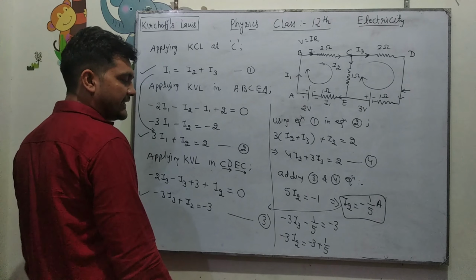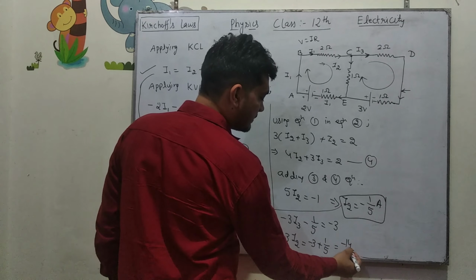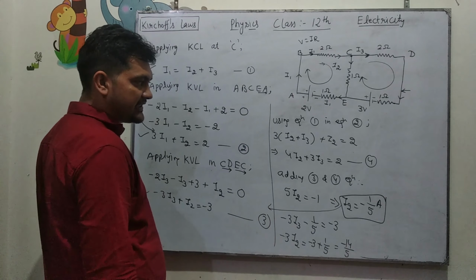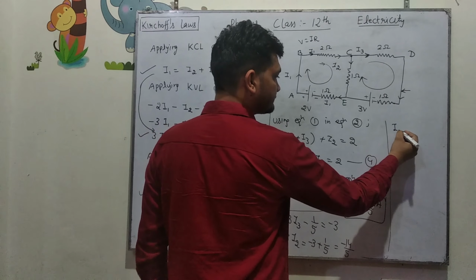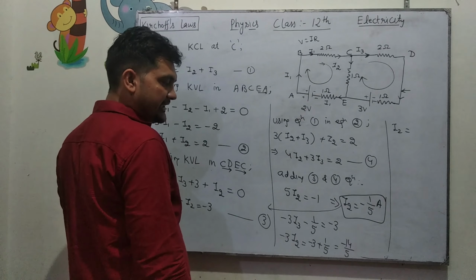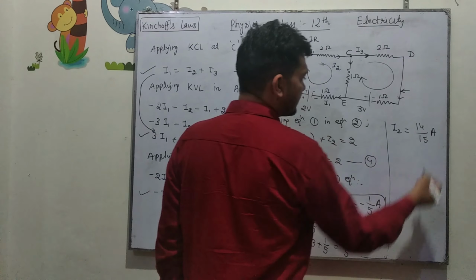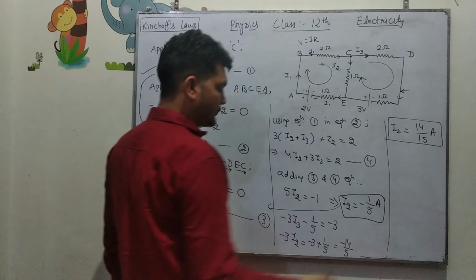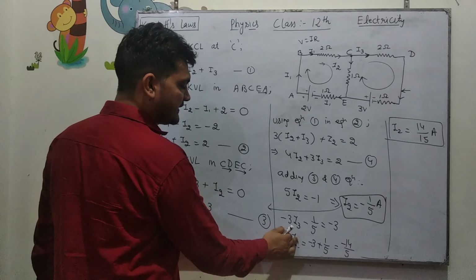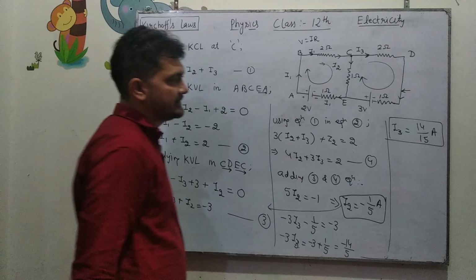Taking LCM, you get it as minus 14 upon 5. And if you solve this, you get I3 is equal to 14 over 15 ampere. So this is the value of I3. You obtained the value of I3.